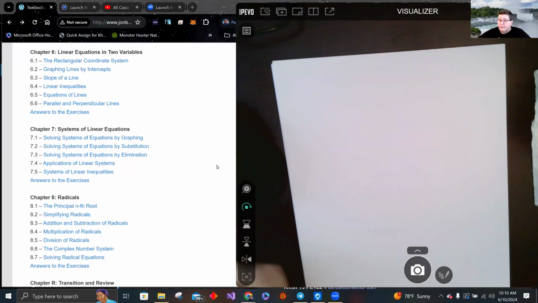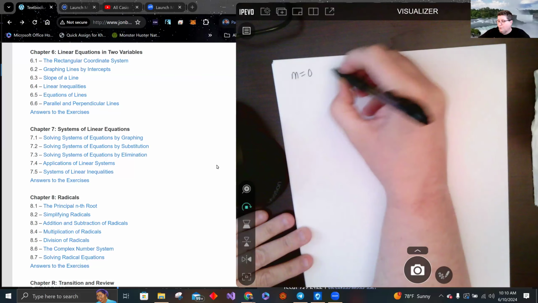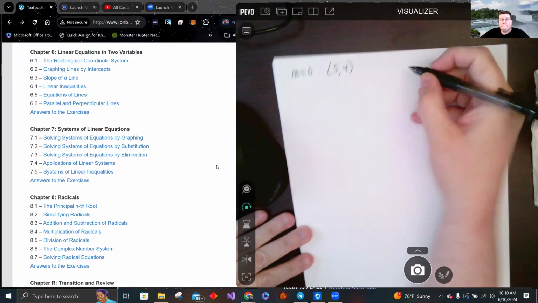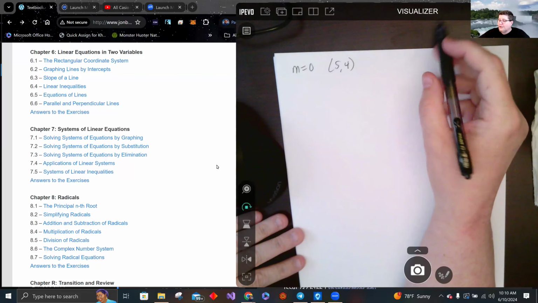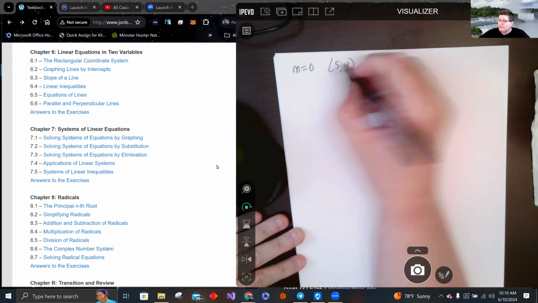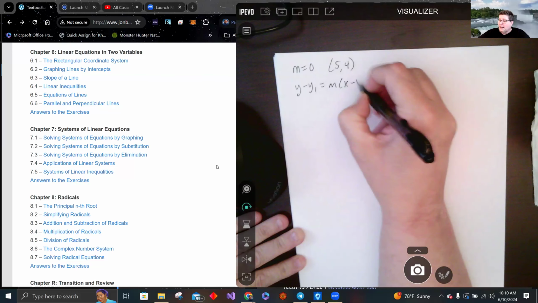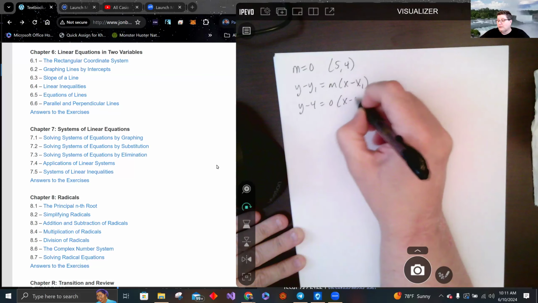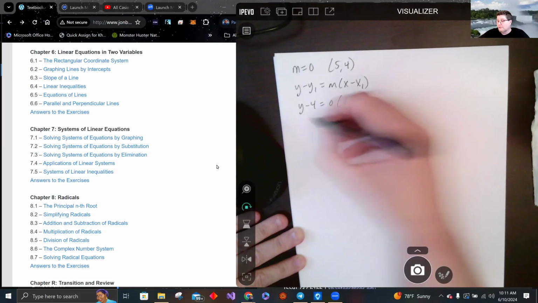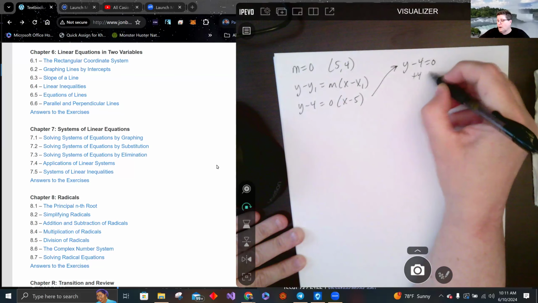Two other quick ones here. M equals 0, and the point (5, 4). If I do y minus y1 equals m times x minus x1, I get y minus 4 equals 0 times x minus 5, which is just 0. So I add 4 and I get y equals 4.